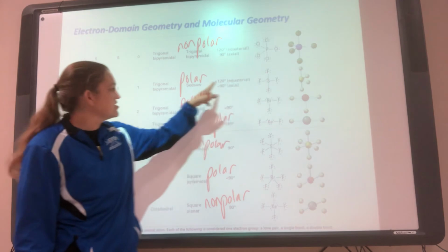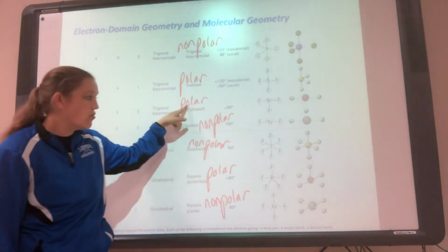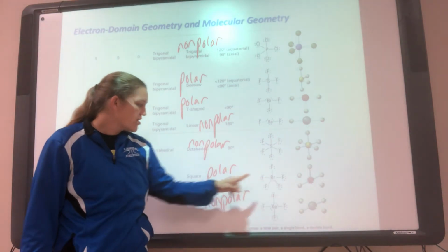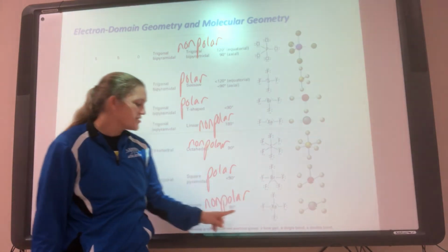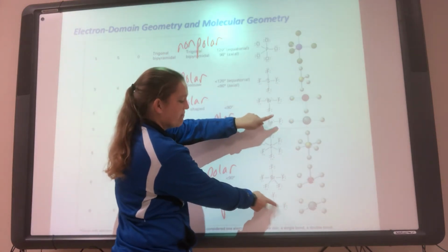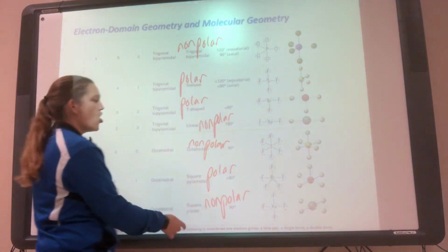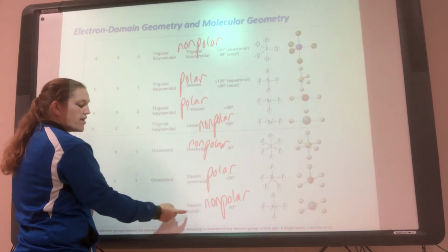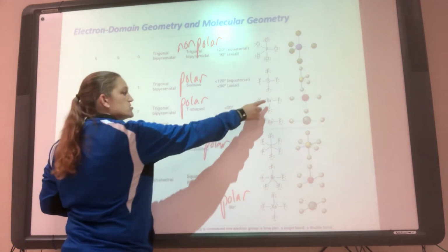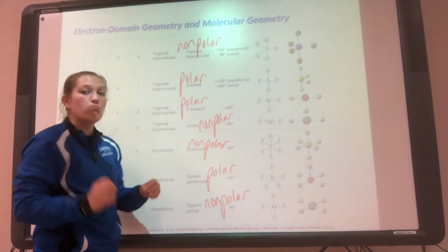He has lone pairs, he's polar. He has lone pairs, he's polar. Here's one exception. He has lone pairs, he's non-polar. So the only two that have lone pairs on the central atom that are non-polar are my linear and my square planar. Okay? All the other ones with lone pairs on the central atom become polar.